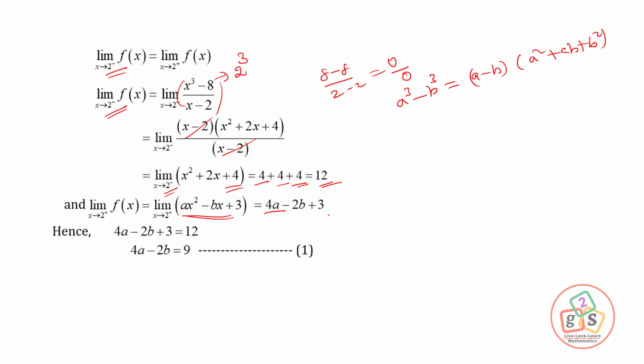Now both are equal, left hand limit is equal to right hand limit. Therefore 4a minus 2b plus 3 is equal to 12. We simplify this, taking 3 to the other side, we get 12 minus 3, which is 9. So 4a minus 2b equals 9, which we take as equation number 1.